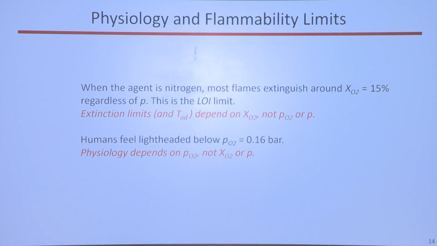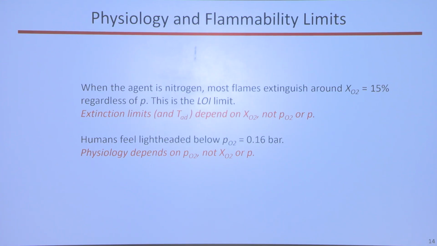Everywhere we go in our lives, we're always at 1 bar pressure unless you climb Mount Everest. But there are environments where that can be controlled, for example on submarines and in aircraft, but especially in spacecraft. So I want to get across the two main points in these two bullets: human physiology is different from how fires behave.